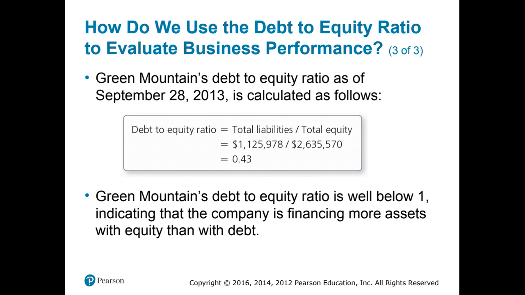So we took their total liabilities, divided that by their total equity, and this is telling us that their debt to equity ratio is 0.43. So Green Mountain's debt to equity ratio is well below 1, indicating that the company is financing more assets with equity than with debt.